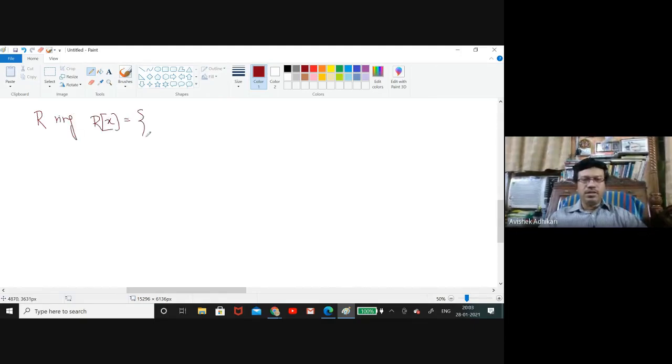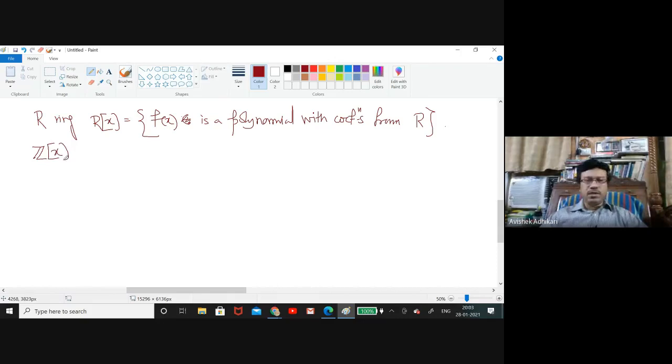R[x] is the collection of all such polynomials f(x) with coefficients from R. So for example, if I consider Z[x], then an element should look like 2 plus 4x plus 5x squared. All these 2, 4 and 5 belong to Z, the base ring.